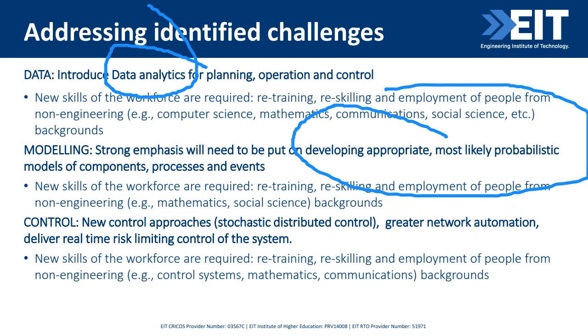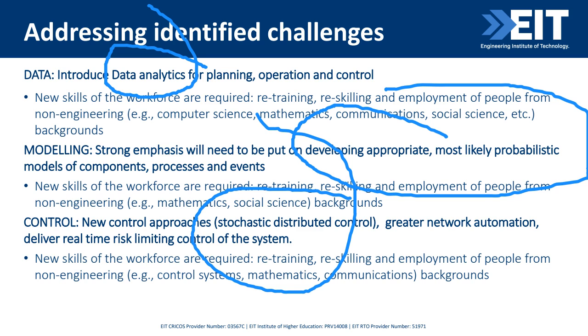My third challenge I have is control. That is the new control approaches. I told you about stochastic distributed control. That means I need a greater network automation. And I told you I need it all in the real time risk limiting control. Again, to do that, I need to retrain my engineers or reskill them or employ people from outside.